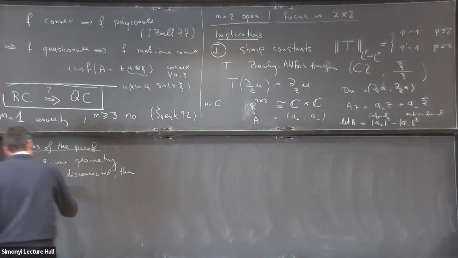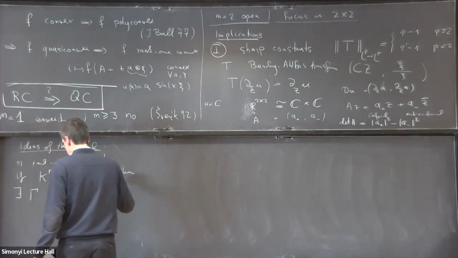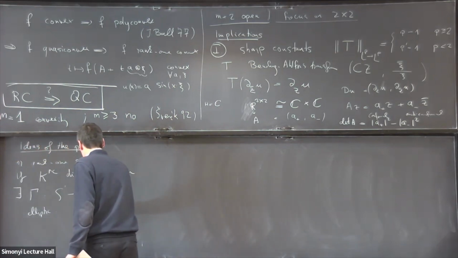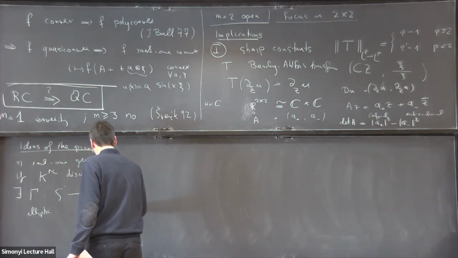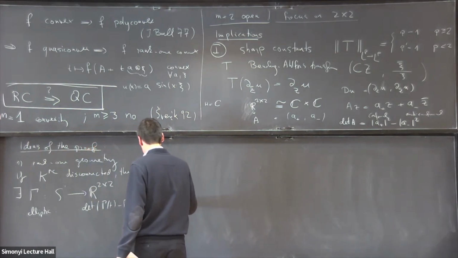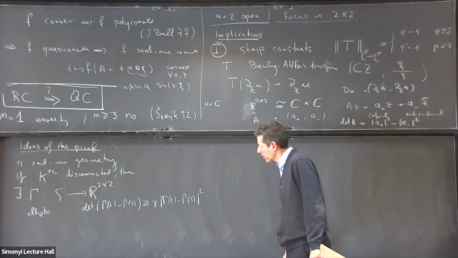So there exists a closed curve which is elliptic, in the sense that the determinant of T minus gamma S is bigger than some gamma times S squared.